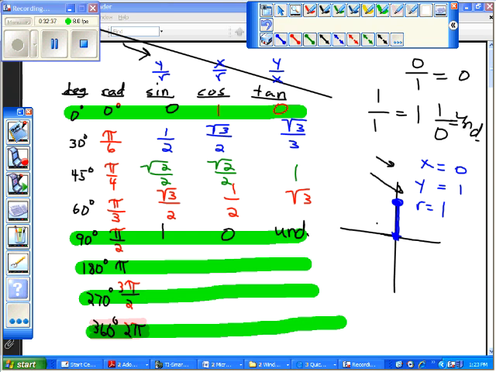Now, just so you know, if we were to graph a tangent and line it out like this, 90 degrees, 180 degrees, the graph of the tangent is going to look like that, and there's going to be a vertical asymptote there.